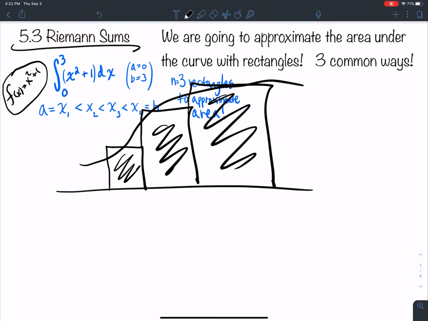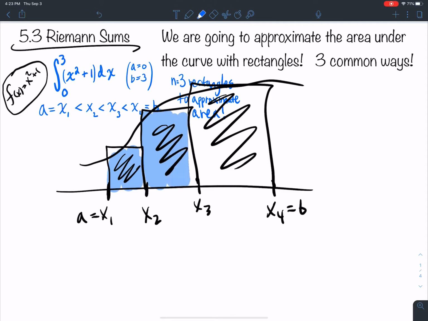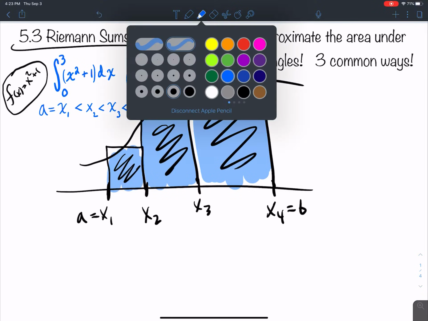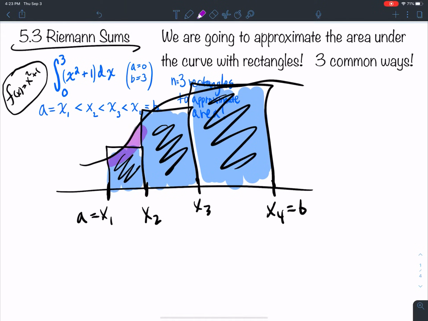Then what you need is an x1, an x2, an x3, and an x4, okay? We can call x1 the a and x4 the b. Then we sum the areas of those rectangles to approximate the true area under the curve, which might be this part right here.